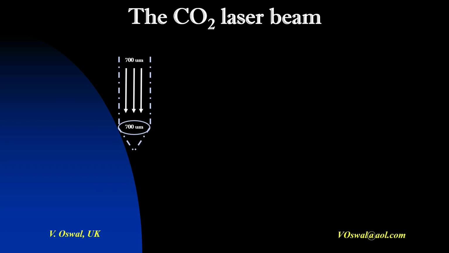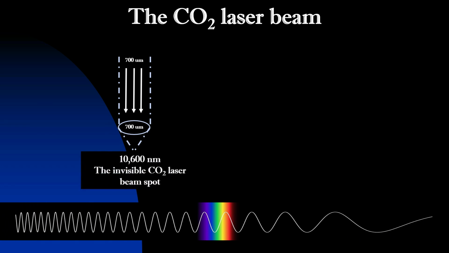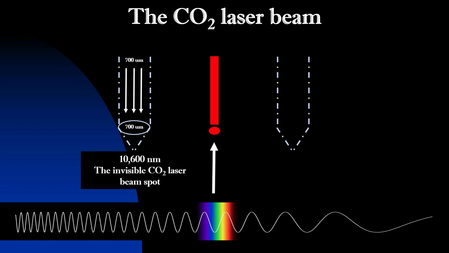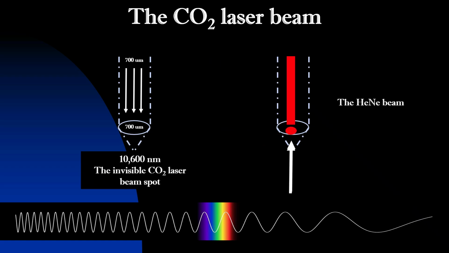As we have seen, the CO2 laser emits light at a wavelength of 10,600 nanometers, which is invisible to the human eye. Therefore, a visible helium neon laser, commonly used in laser pointers, is aligned with the path of the CO2 beam and appears as a red spot.